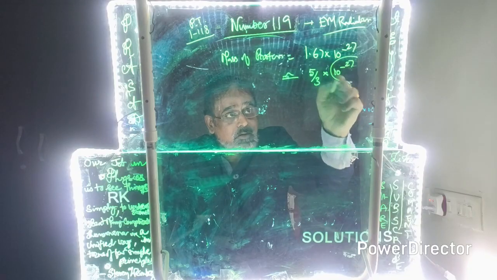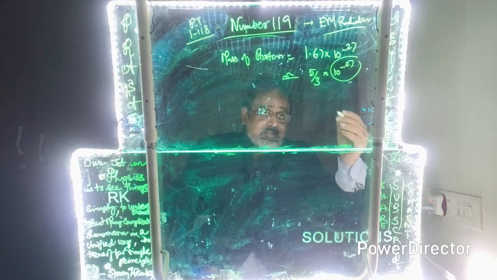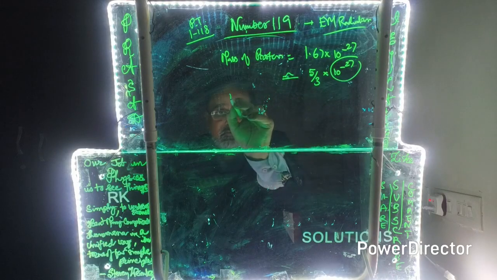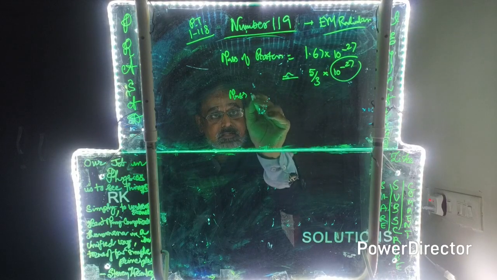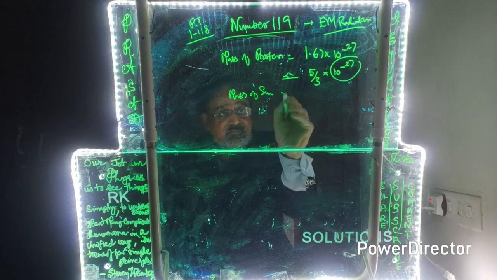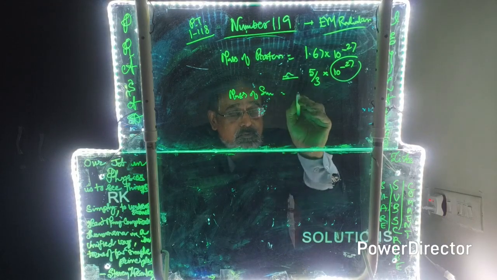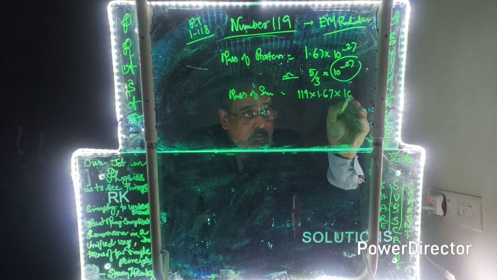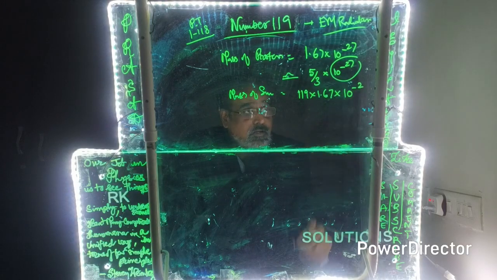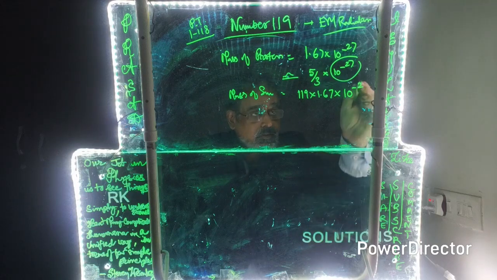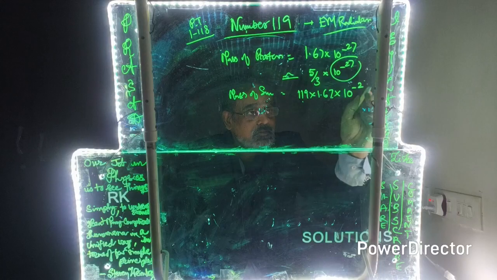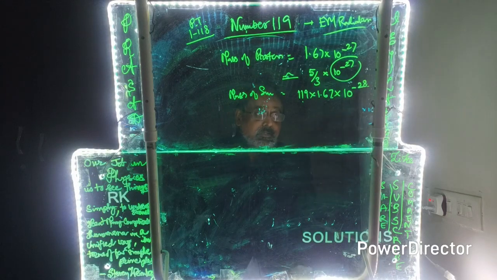So leave this part because that varies. See, if you go to the sun, the mass of the sun is equal to 119 into 1.67 into 10 raised to minus 20, let's say.